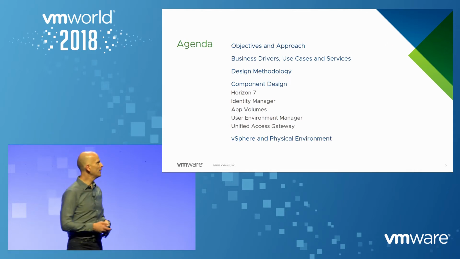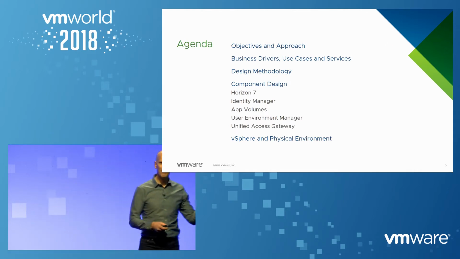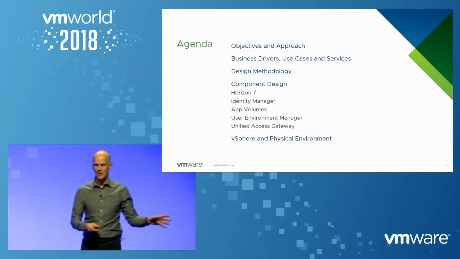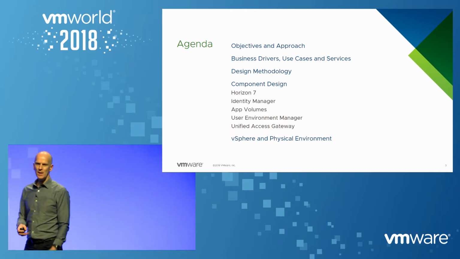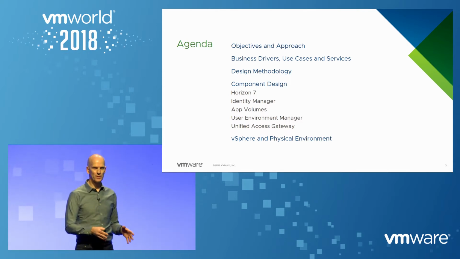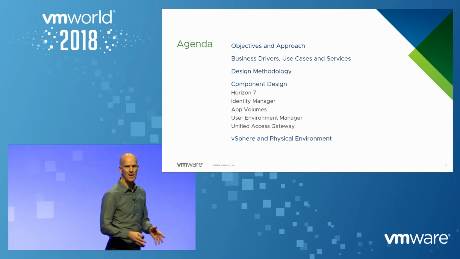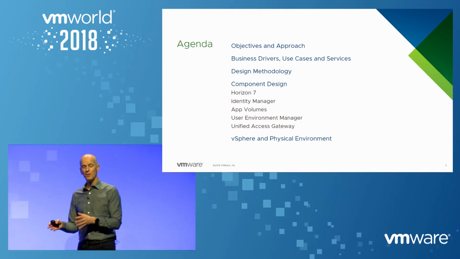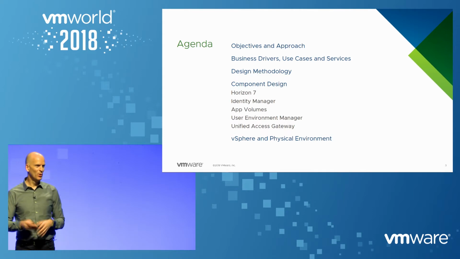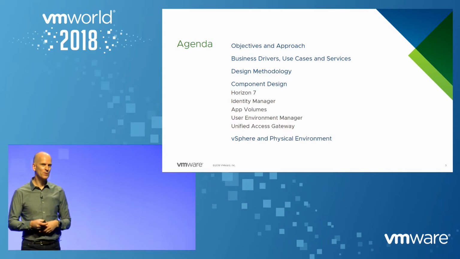What we're going to talk about today: we're going to look very quickly at what a reference architecture is, how we approach a project, and some of the methodology. The bulk of today will be designing the components or the products. So Horizon, Identity Manager, App Volumes, UEM, and Unified Access Gateway. We'll look at the principles of architecting those.